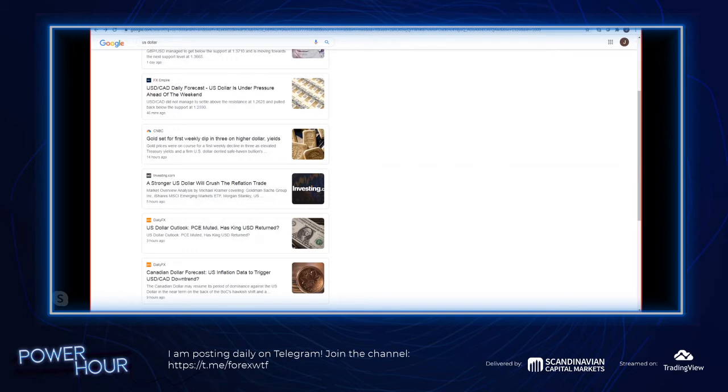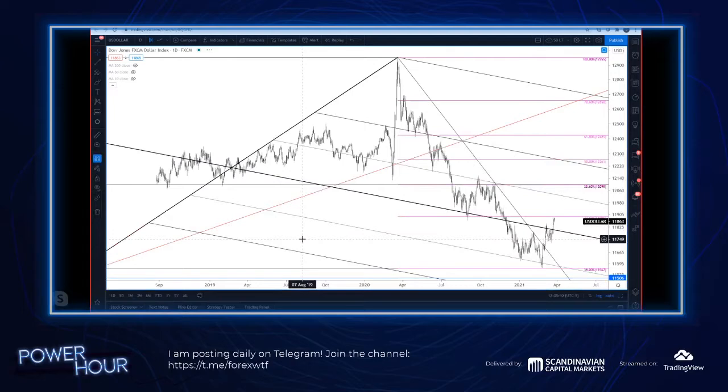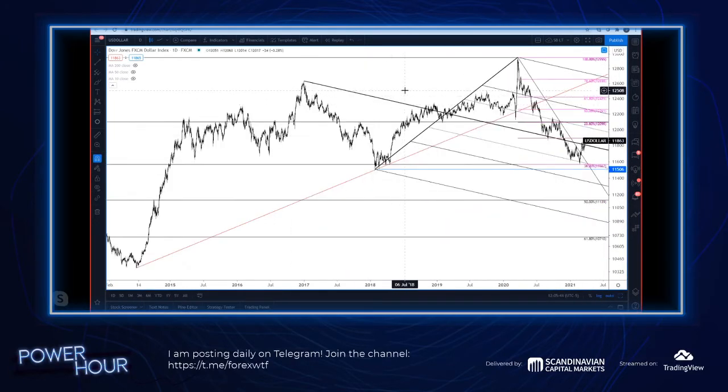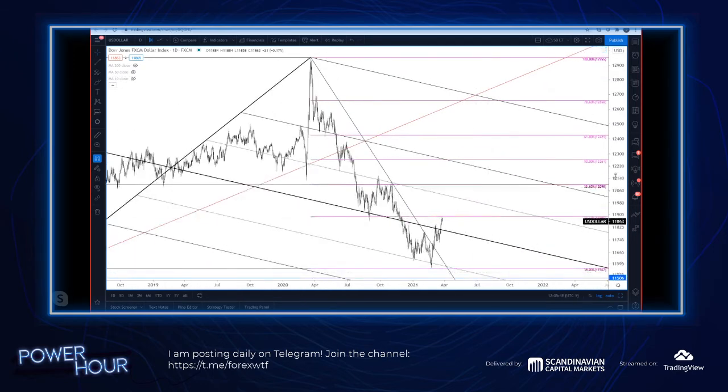All right, so let's look at the dollar. Here is the US dollar, again my favorite index to look at.